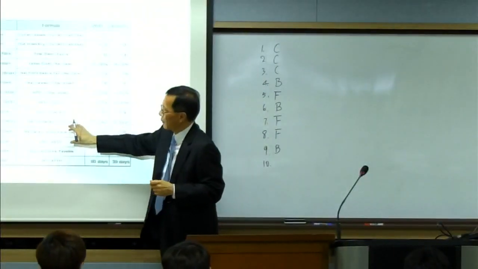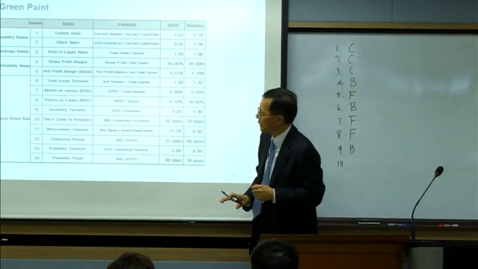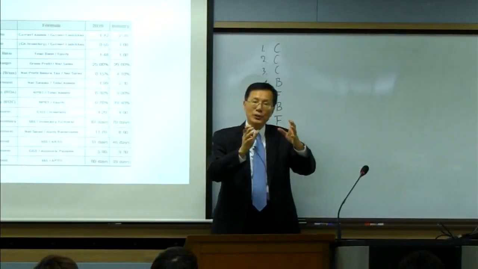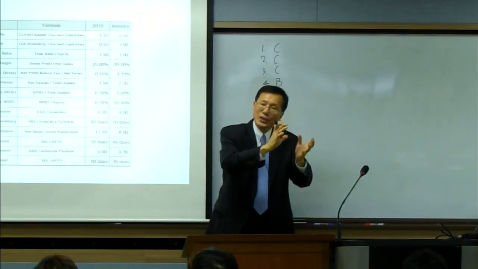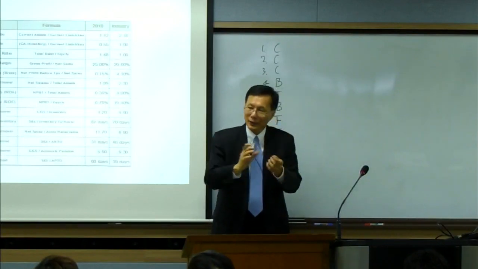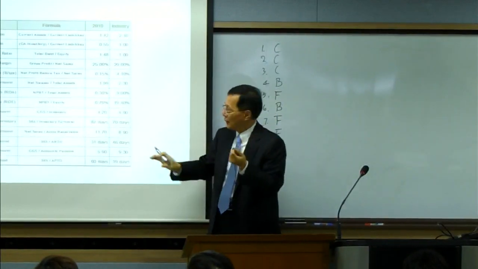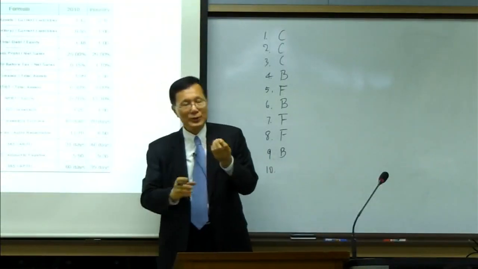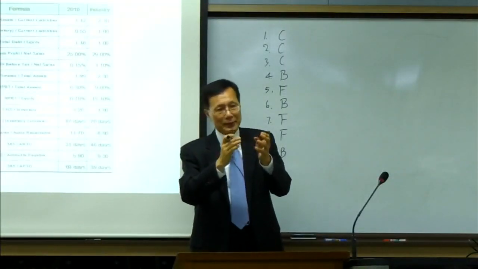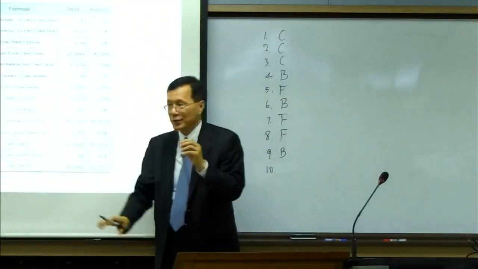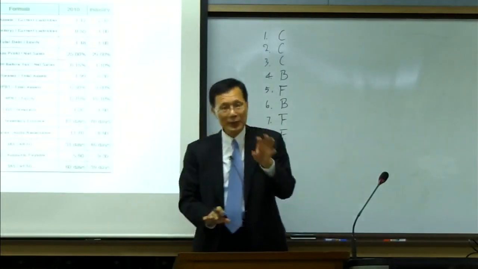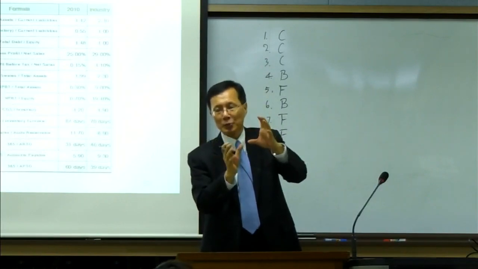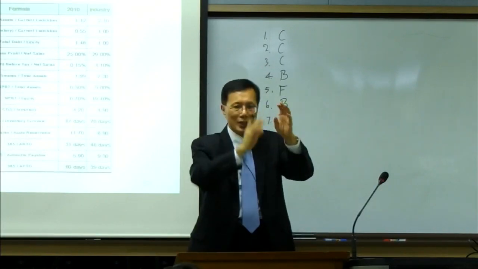Inventory days, or days of sales in inventory, is how many days is your inventory maintained within the firm? Okay. If inventory turnover is 4.2, divide that into 365. It will give you how many days inventory is kept within a firm in each cycle.